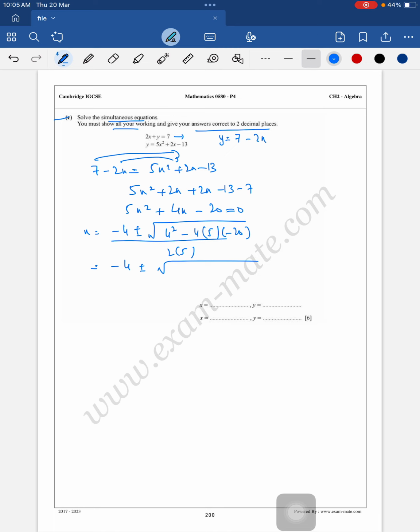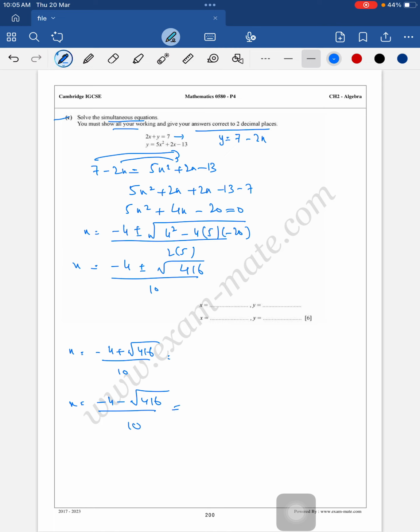That would be 4 into 5 is 20, 20 into 20 is 400, and 4 squared is 16, so it means 416. In total in the calculator we are getting 416, and divided by 2 fives is 10. So we are getting 2 answers for x. One will be x equals minus 4 plus root 416 upon 10. The other will be x equals minus 4 minus root 416 upon 10.